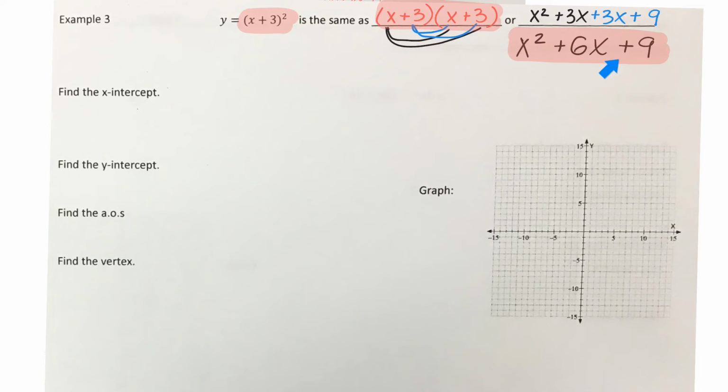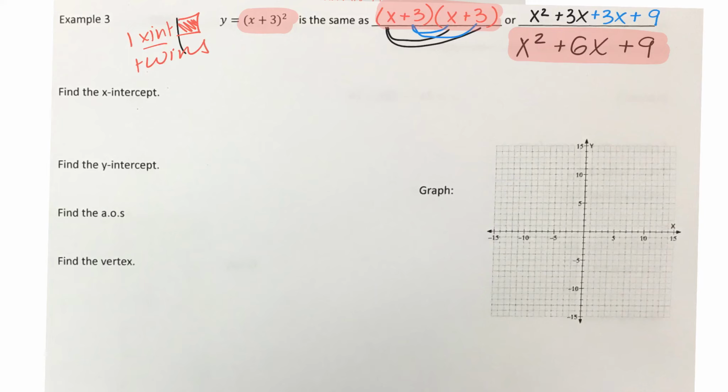This standard form is really important because it tells us about our y-intercept. But when you have it factored into brackets like this, do you see how they're twins? They're both x plus 3. That's your red flag telling you that you've got one x-intercept. When you've got twins, you've got one x-intercept.